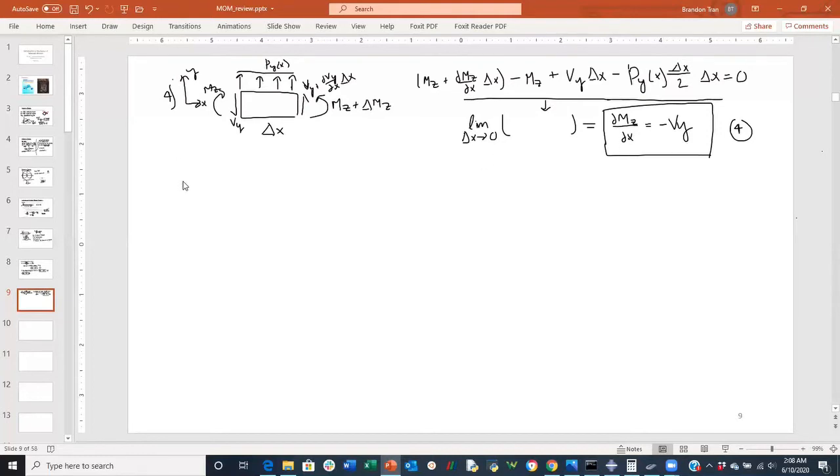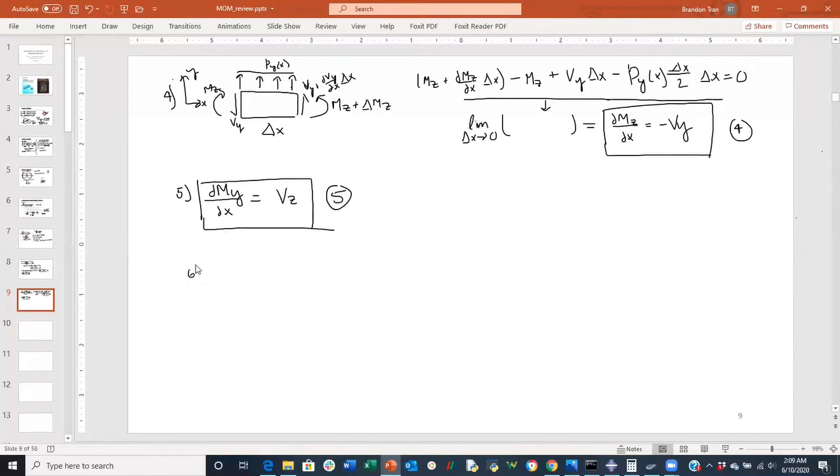Do the same thing about the y-axis, and you will yield the following: partial moment about the y-axis with respect to x is equal to positive shear in the z direction. So that's equation 5.